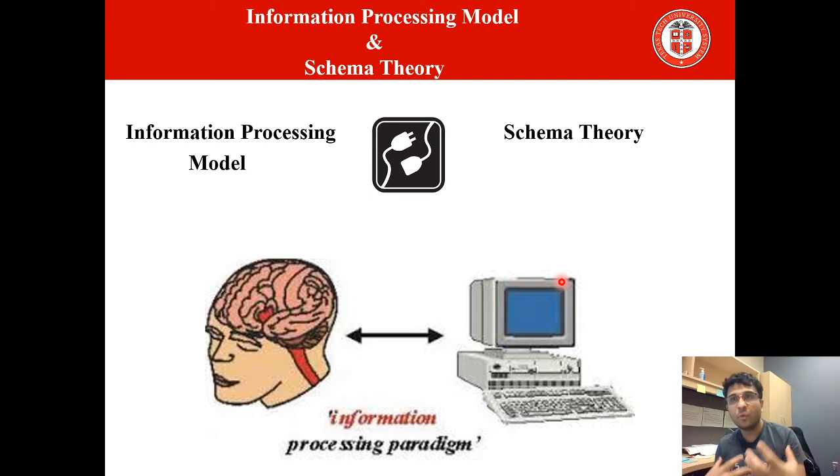Here also, once it's required, maybe, I don't know if retrieval is the right word for schema theory or not, but somewhere the same information comes up and it helps us to comprehend new information. So coming of information, storing it in different fashions, and using it once it's needed are the common things between the information processing model and schema theory.